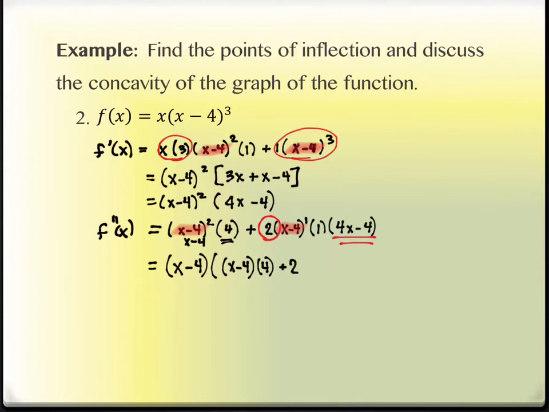So this is plus 2, and then it's 4x minus 4. I'm going to put this in brackets just to separate it off a little bit better. Okay, a lot of cleanup needed on the inside there, but we can do that. We have 4x minus 16 plus 8x minus 8.